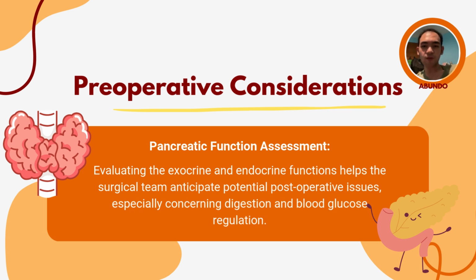Function tests may include fecal elastase 1, serum glucose, and HbA1c levels. Preoperative glycemic control and enzyme replacement therapy may be initiated if necessary to stabilize the patient prior to surgery.